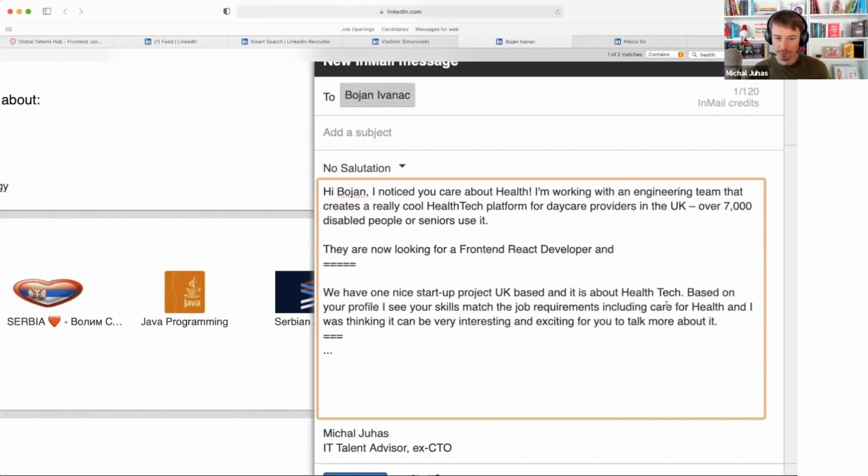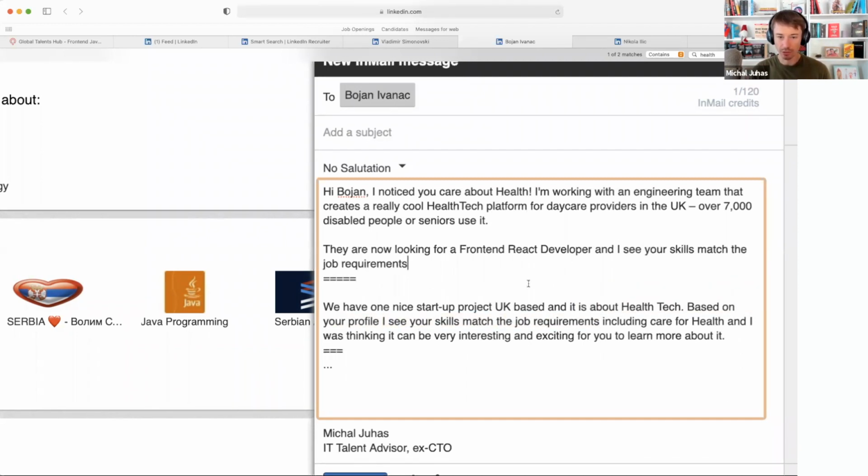And I was thinking it can be a very interesting insight for you to learn more about it. They are now looking for a front-end React developer. I can exactly copy paste what you wrote, Juliana. I see your skills match the job requirements perfectly.